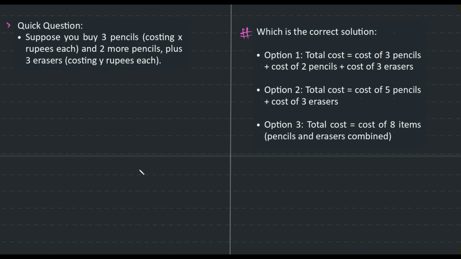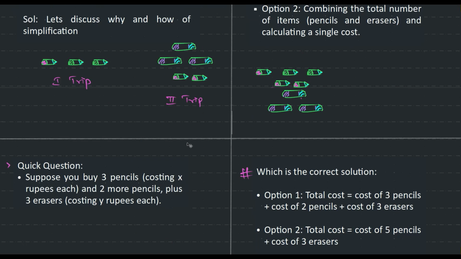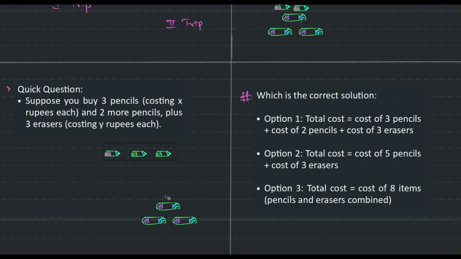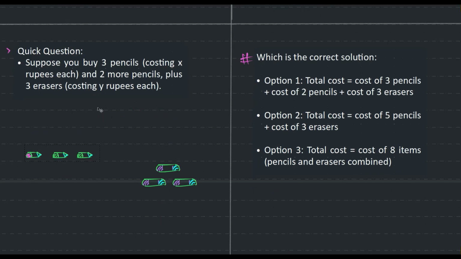Option 1, you figure out the cost of 3 erasers, then 3 pens, then 2 pens, cost of this plus cost of this plus cost of this, or cost of 5 of them.